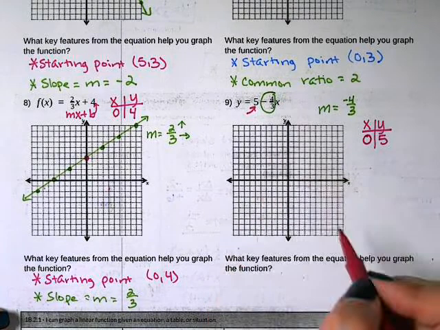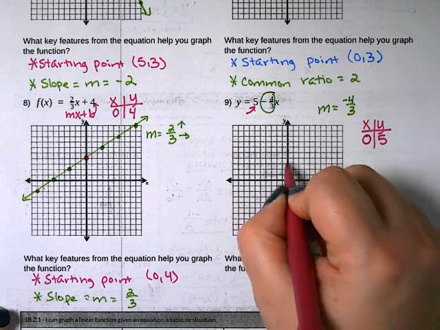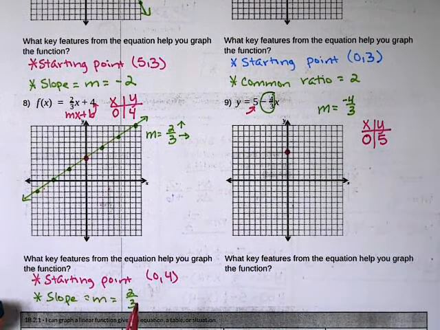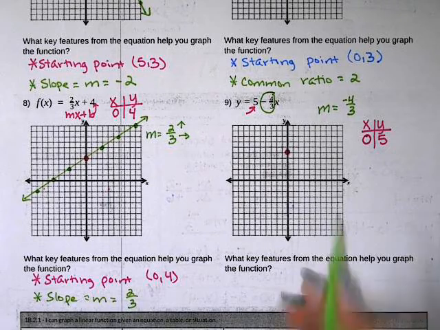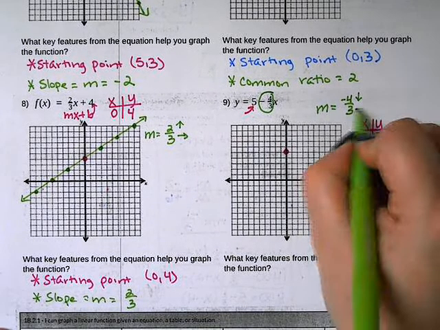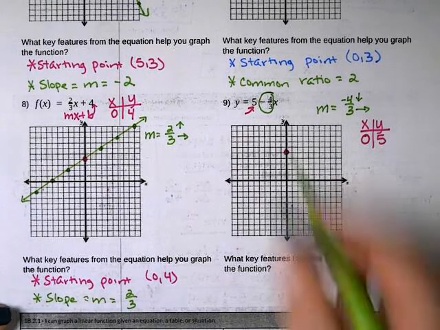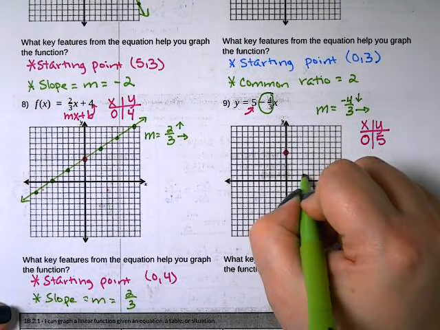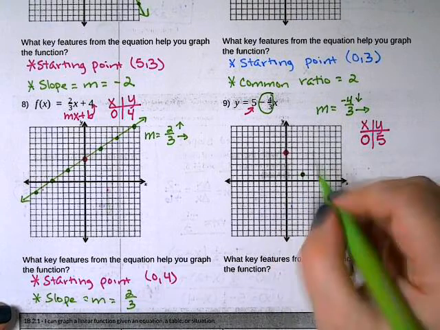So let's go ahead and plot that point. 1, 2, 3, 4, 5. And we're going to use our slope of negative 4 over 3. So negative 4 tells me I'm going to go down 4, and positive 3 tells me I'm going to go to the right 3. So down 1, 2, 3, 4, and right 1, 2, 3. And then I'm going to do that again.